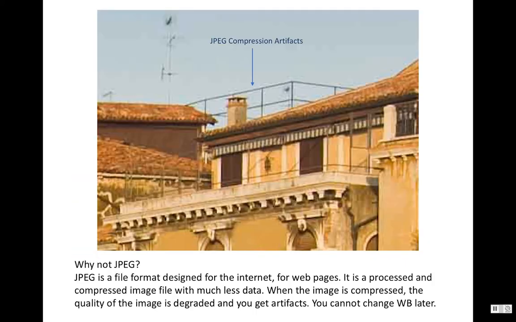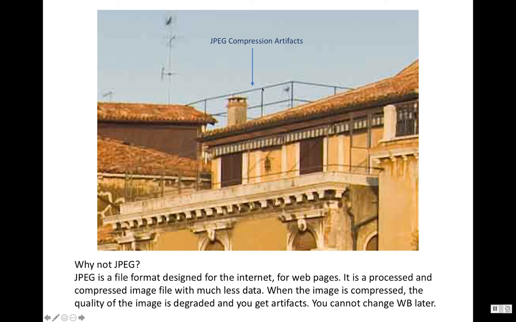Now, why not JPEG? Why is JPEG so bad? Well, JPEG is designed for the internet, for web pages. It is a processed and compressed image file. It doesn't have as much data. Basically, your RAW file is developed by the camera into a much smaller file type. And in that compression process, you get a degradation of your image, and that results in artifacts, which you see here.